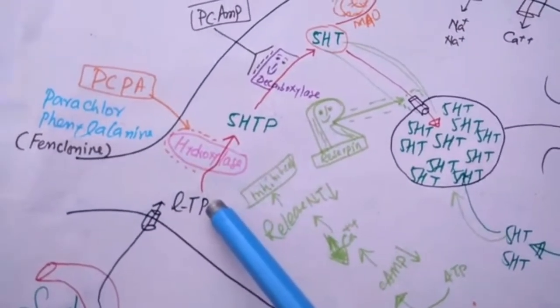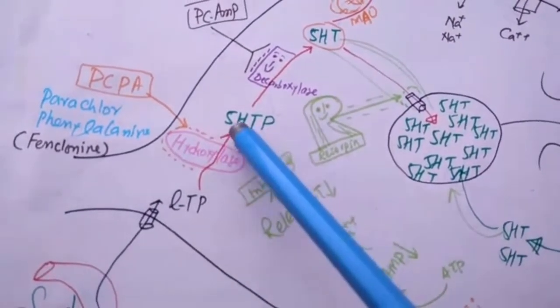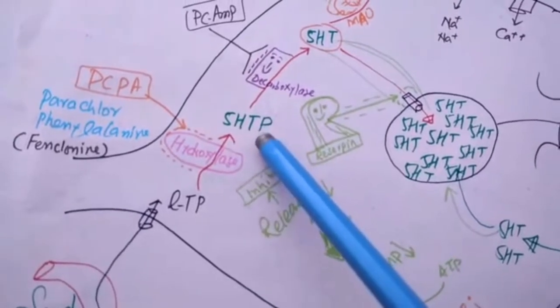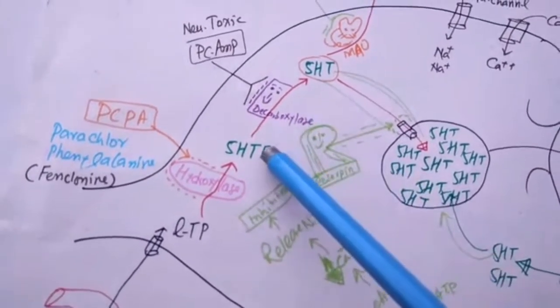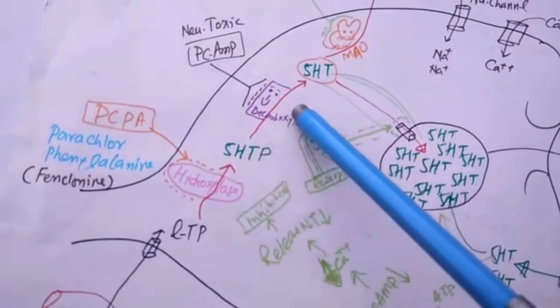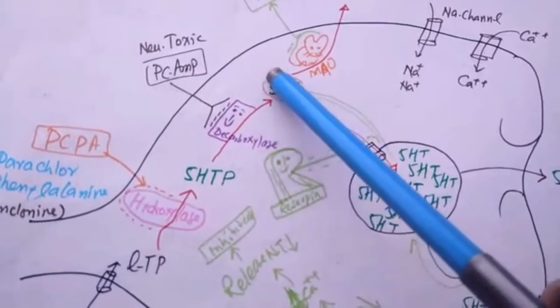hydroxylase enzyme converts L-tryptophan into 5-HTP, 5-hydroxytryptophan, and then decarboxylase converts this 5-hydroxytryptophan into 5-hydroxytryptamine, which is known as serotonin.